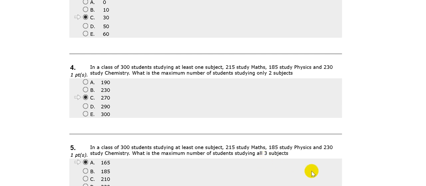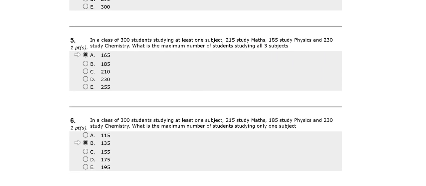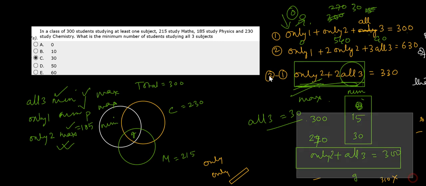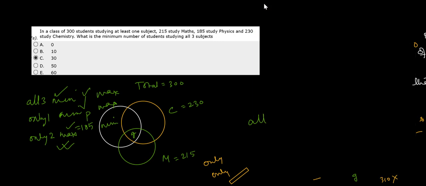Now what is the maximum number of students studying all 3 subjects? So now we are asked the maximum of all 3. What should I do? Again, we go with those two equations. Only 1 plus only 2 plus all 3 is 300, and only 1 plus twice only 2 plus thrice all 3 is 630.